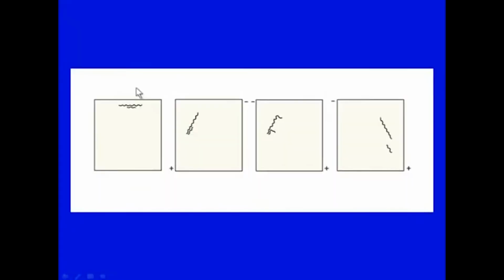If I look at this figure here, it shows two DNA molecules, one larger and another smaller. As current is applied in one direction, the smaller one moves a little faster. Then as you switch the electric field, you can see the reorientation taking place, and the smaller one has migrated ahead of the larger molecule.